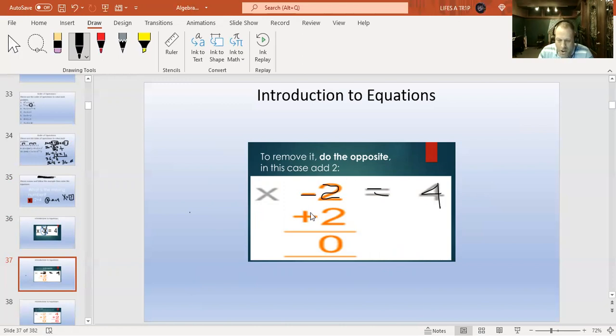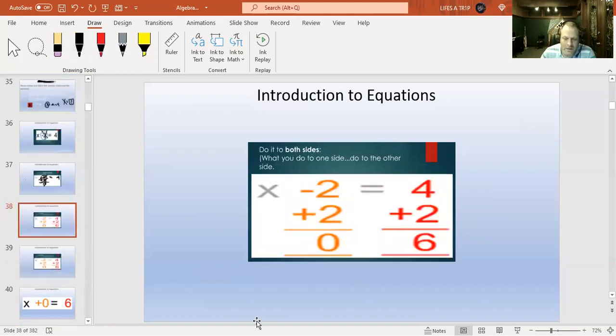You can perform the elimination method yourself and get rid of this 2 right here. There you go, cancel out, and there we have our 0.